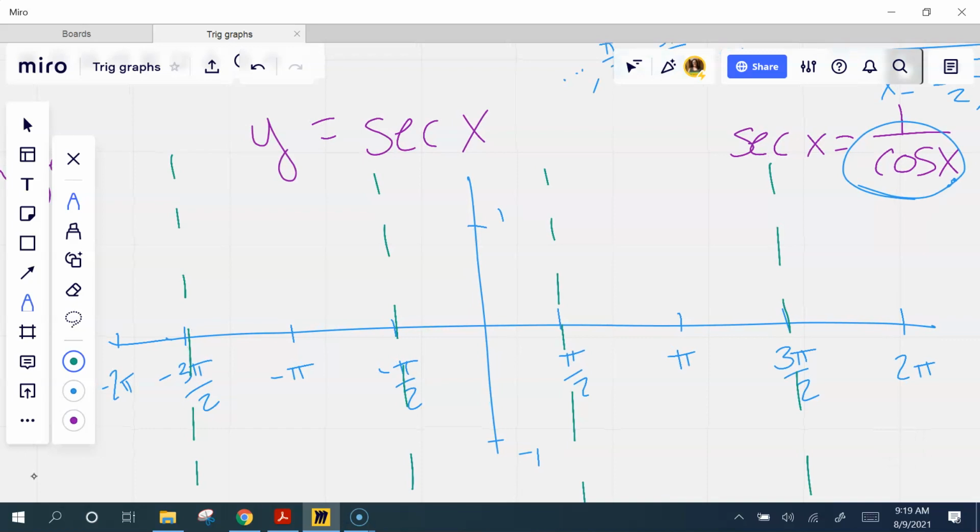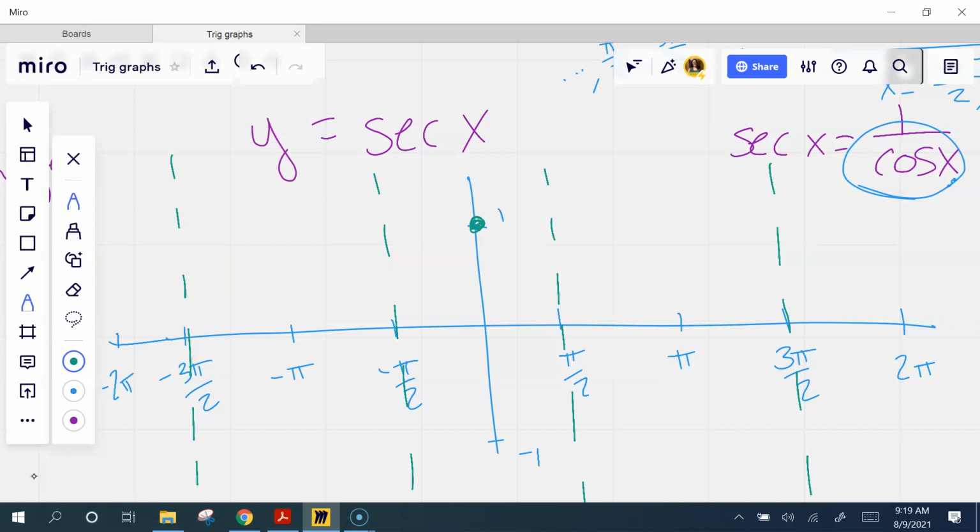Now remember, it's 1 over cosine, but what is the cosine of 0? At 0, what's the x? 1, right? So 1 over 1 is 1. So here, I'm still at 1.